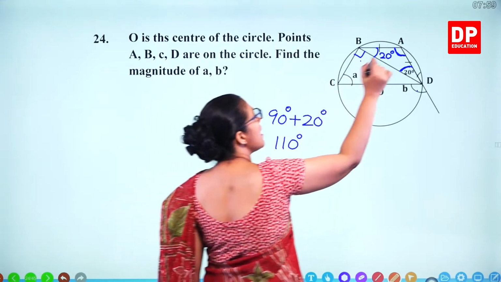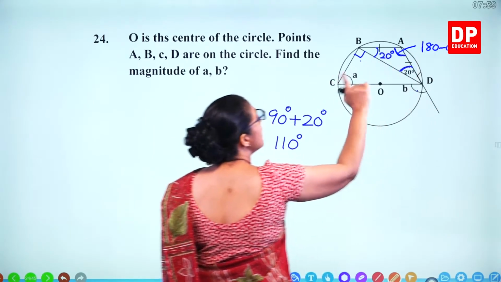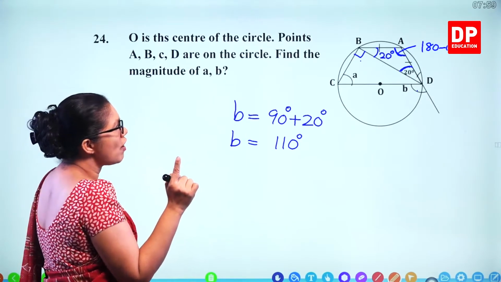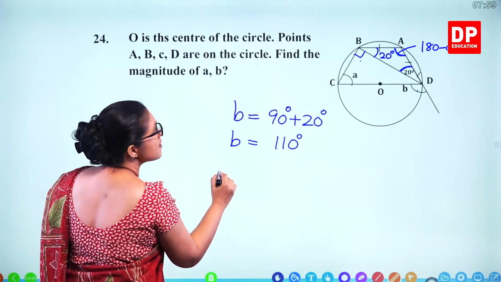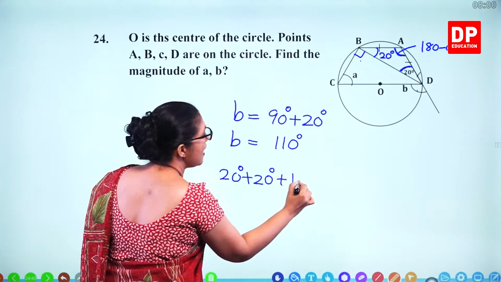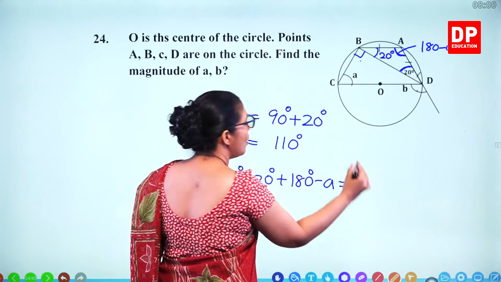If this is A, this is 180 minus A. Then you can use the sum of angles in triangle ABD. 20 plus 20 plus 180 minus A is equal to 180.